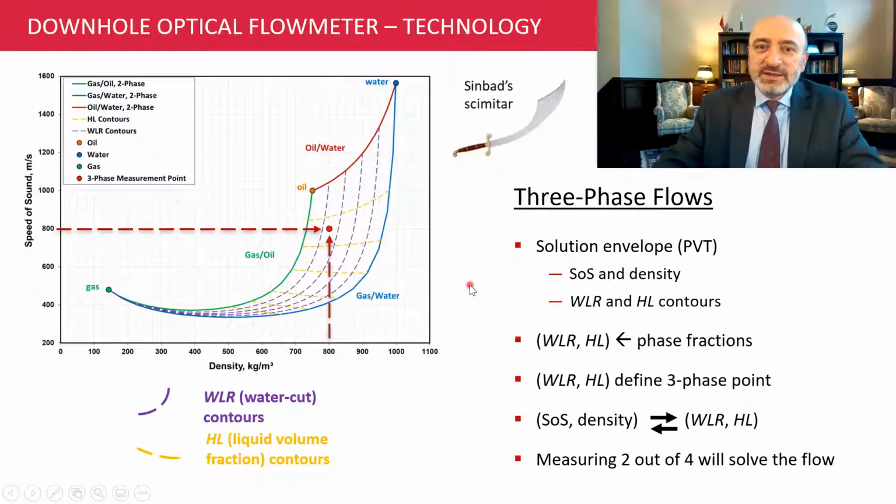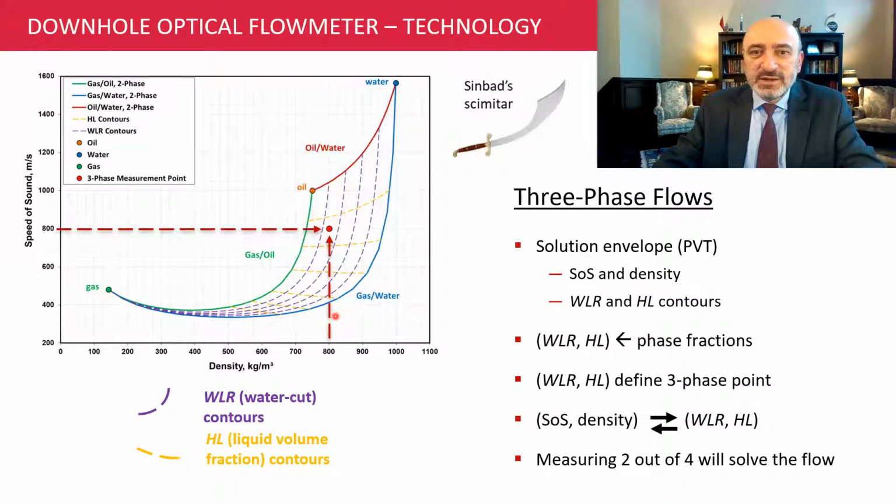So in earlier sections, when I talked about the three-phase measurement for our flow meter, I mentioned that we use two different methods to measure three-phase flow. One method was to measure density along with the speed of sound measurement, and the density measurement was through the use of the secondary PT gauge.